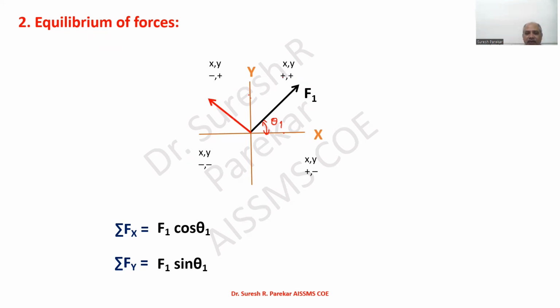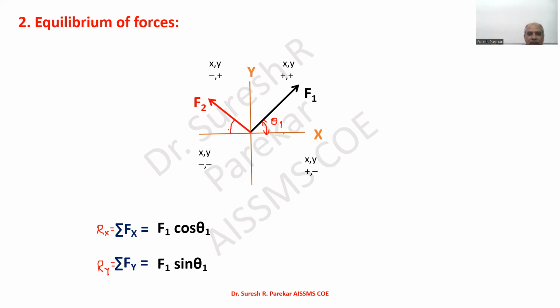Then we have the second force, that is F2. The summation Fx, because we are interested to find the value of the resultant, is nothing but Rx, the resultant force in x direction. This is the resultant force in y direction. Then we have F2.